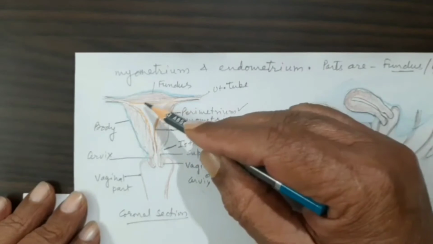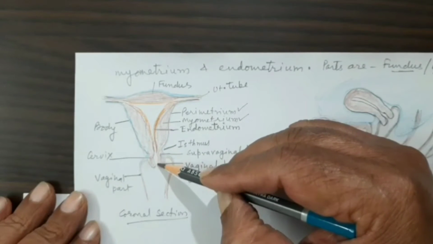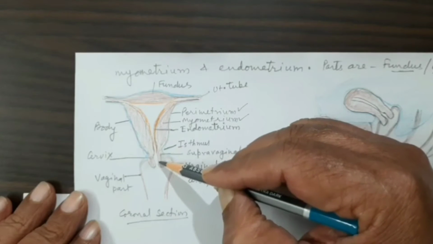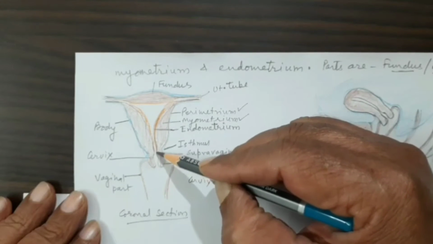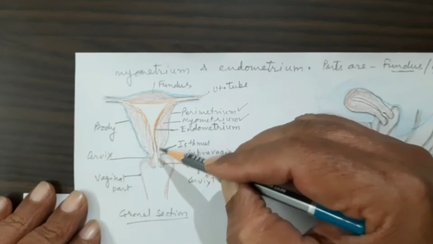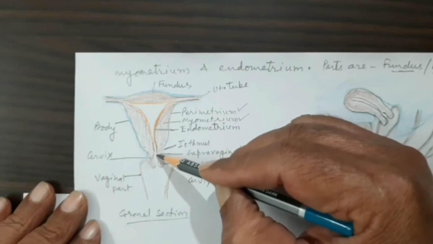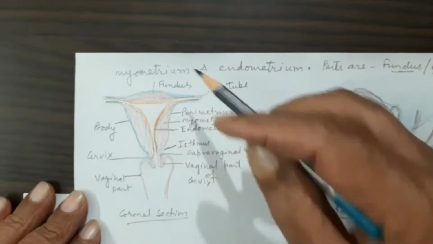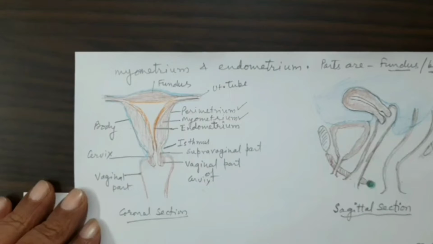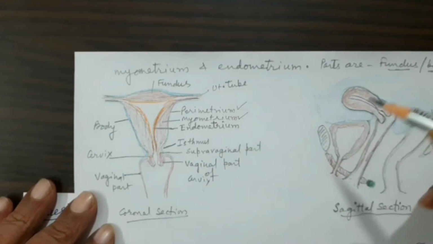But see that this endometrium is not continuous with the cervix. The cavity of the cervix is called the cervical canal, and the endometrium is not continuous with it. It stops at the isthmus. Thus, the endometrium lines the uterine cavity only in the body part.